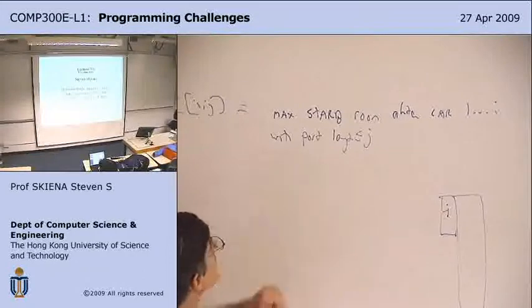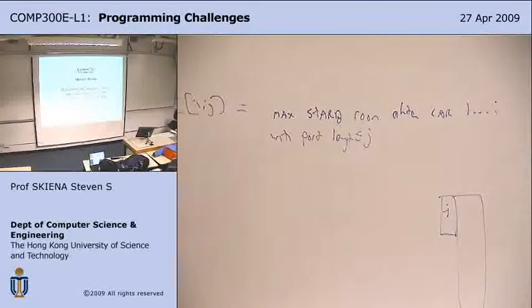Okay? What then is your recurrence? Now, let us think if we believe this is useful. Will this tell us the answer? Suppose we could compute this function. Is this going to be useful to us? Yes. Why is it going to be useful to us? What is the answer then going to be?